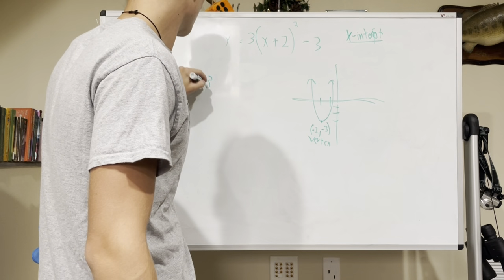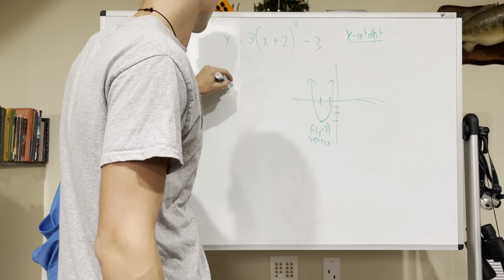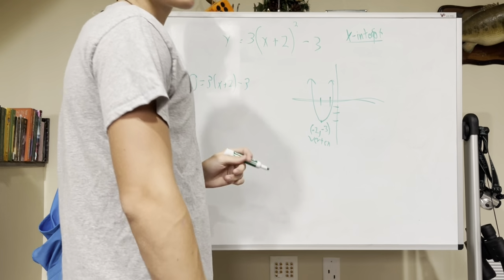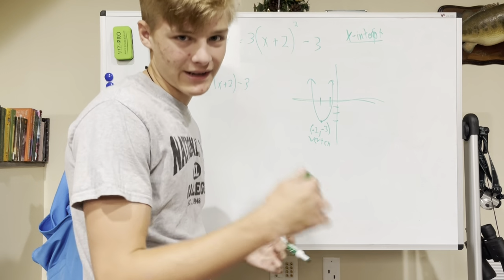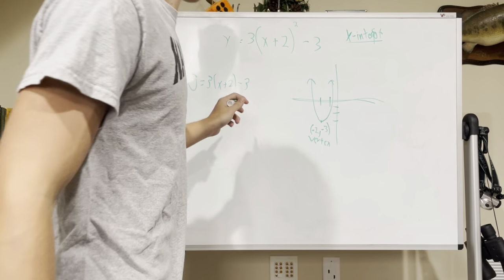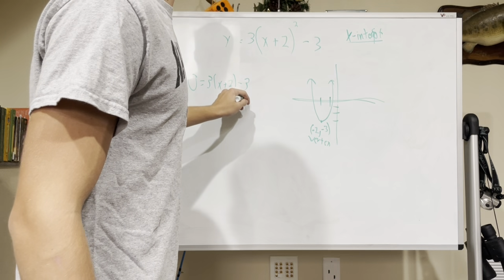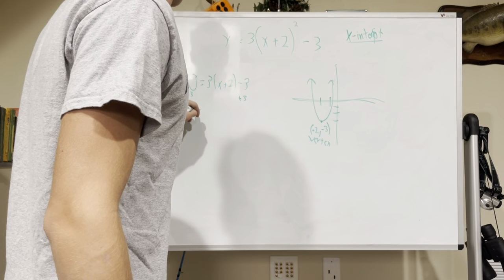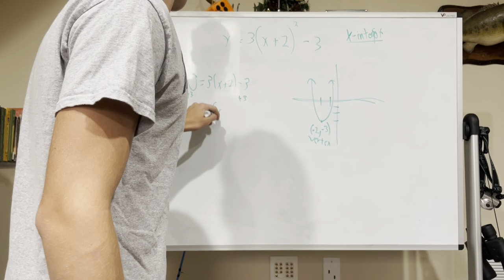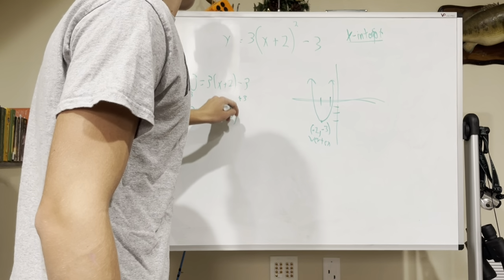So 0 equals 3x plus 2 squared minus 3. Now, by now, I hope that you know how to algebraically move things around in an equation. Hopefully. So first thing, you plus 3 on both sides. So then it turns into 3 equals 3x plus 2 squared.